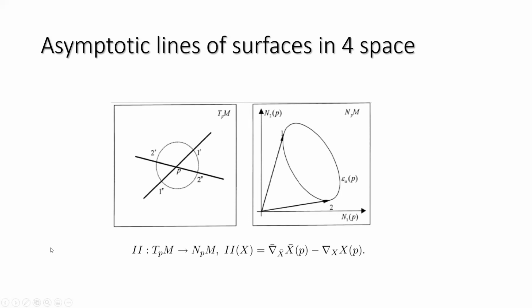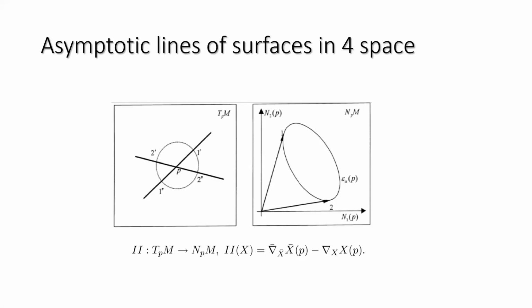If you consider a point on a surface, you can consider at this point the second fundamental form, as I did before, and obtain in this way the image of the unit circle. It will be an ellipse. You can have different possibilities of this ellipse; it may be degenerate into a segment or a point.